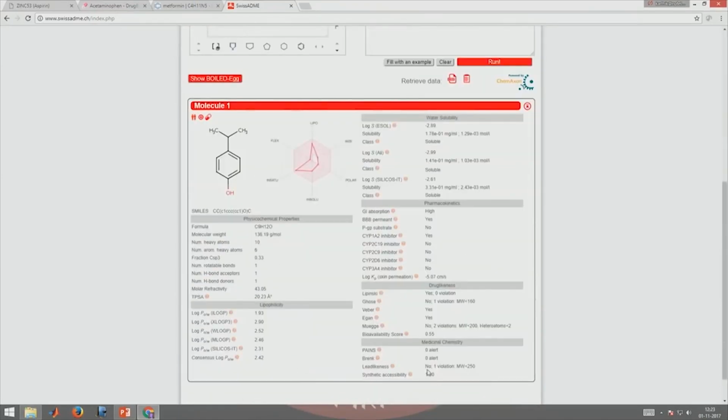This molecule which I have drawn appears to be good. It has got good lead likeness, it has got good bioavailability, but it can penetrate the blood brain barrier. So that is one of the problems of this particular molecule.